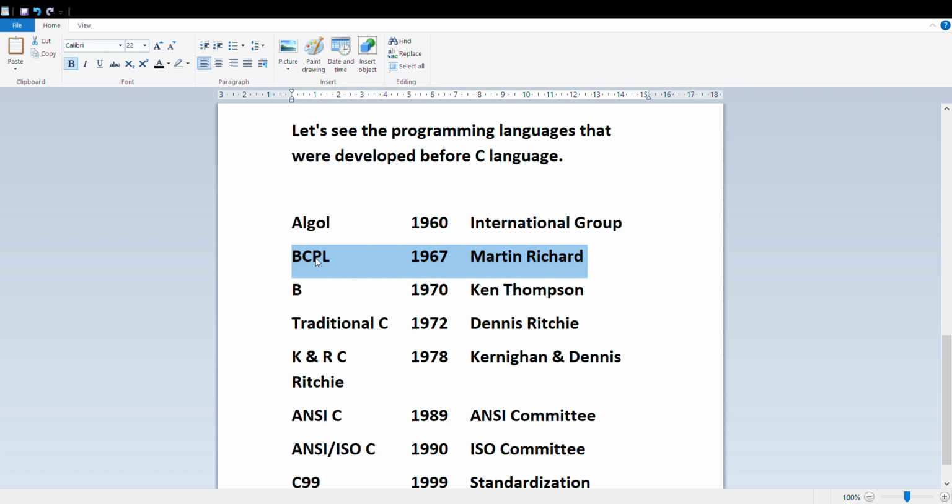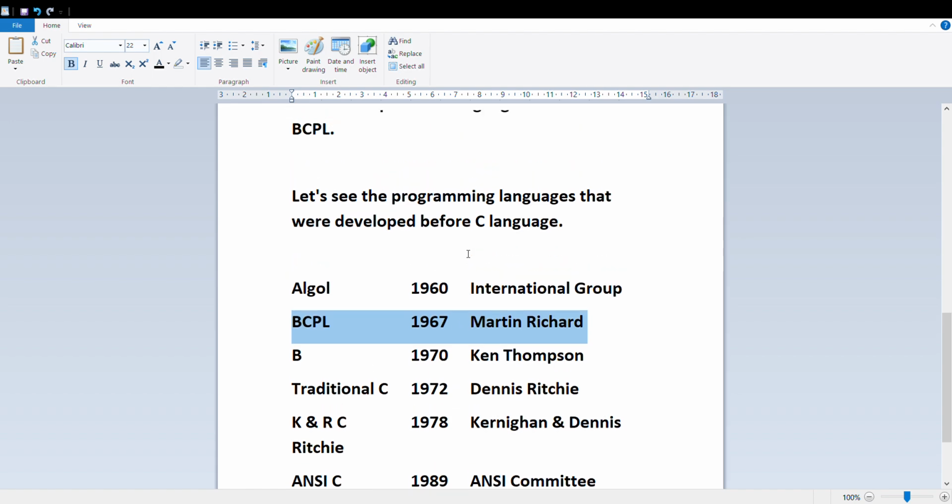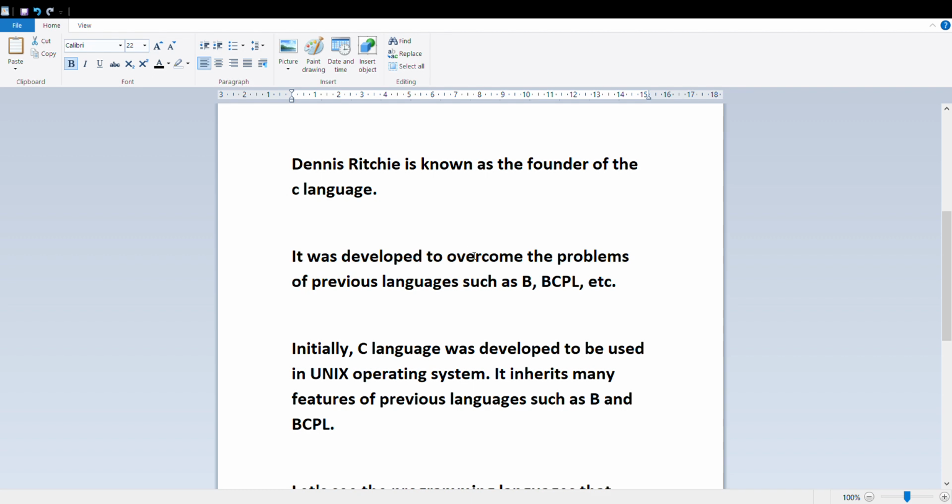So all the features in BCPL and B are derived into traditional C. That means C features are derived from B and BCPL. BCPL full form is Basic Combined Programming Language.